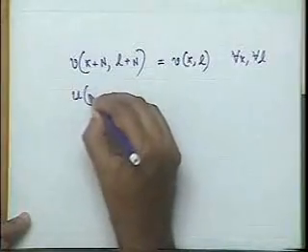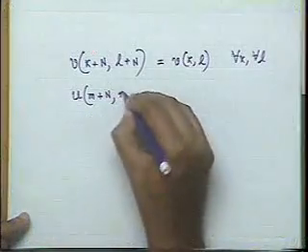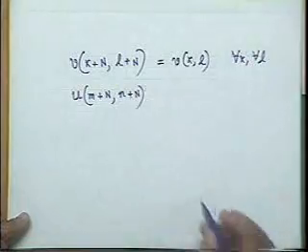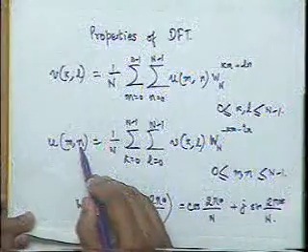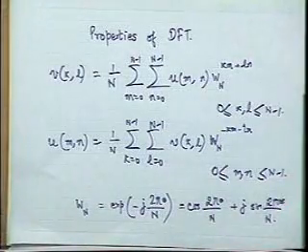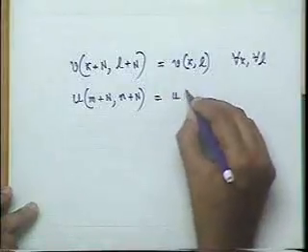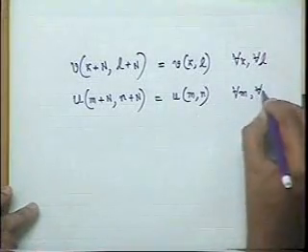Let us take u of m plus N, n plus N, and try to substitute small m plus capital N and small n plus capital N into this equation. What do we get? We get the same as u of m, n, and that is true for all m, all n.